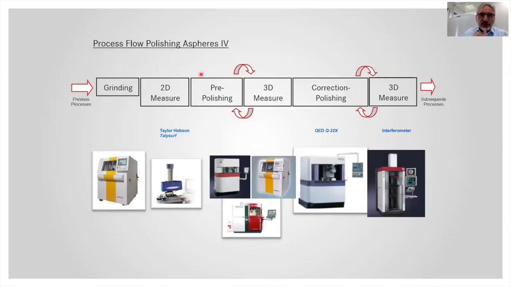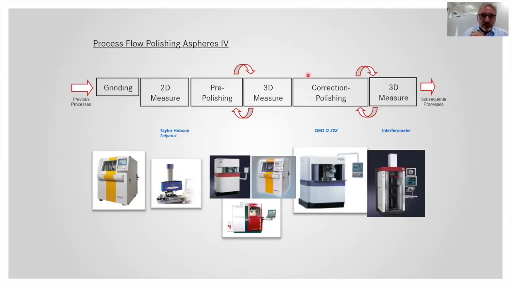The processes for the Asphere technology, all these steps, are shown here. The grinding, 2D measurement, correction, polishing, and 3D measurement by interferometer, and implementing a new fine polishing machine. The technology was developed in Rochester, and again 3D measurement.